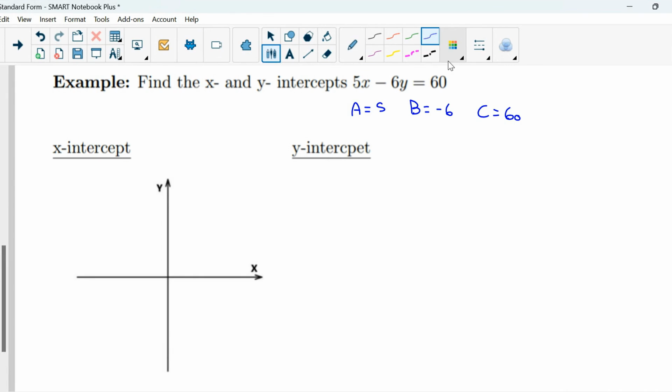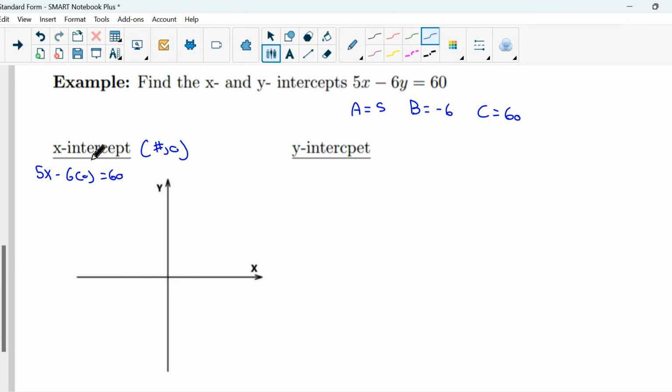For our y-intercept, which is our first one here, remember, an intercept on the y-axis has a number and 0, so it is when x equals 0. Let me correct that: for this one, y equals 0. So let's take our equation and substitute in a 0 for y. That gives us 5x minus 6 times 0 equals 60.